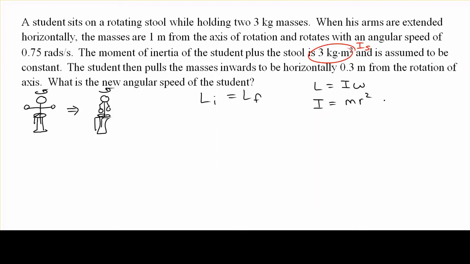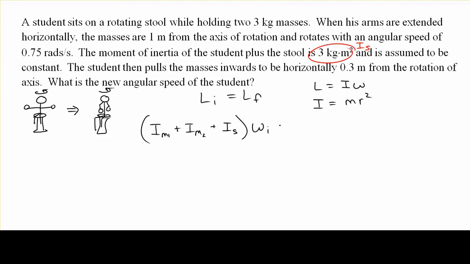So let's look at my equation for my initial angular momentum. I'm going to have the moment of inertia of mass 1 plus the moment of inertia of mass 2 plus the moment of inertia of my student and stool. Those are all my moments of inertia, and they're all spinning at some omega initial.